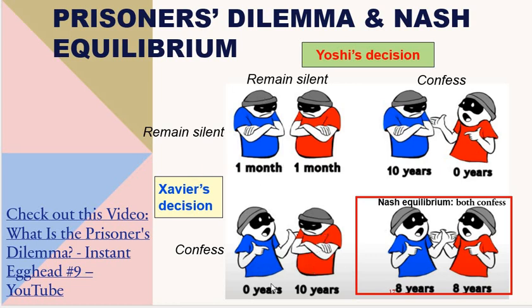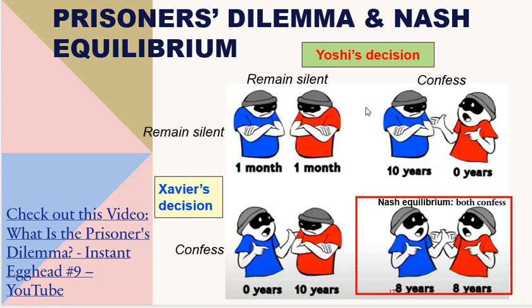Take a look at the case when Xavier confesses and Yoshi decides to remain silent. These are the two options for Yoshi, and these are the two options for Xavier. When Xavier chooses to confess, and Yoshi remains silent, then Yoshi will be the person put in jail and Xavier will be free.